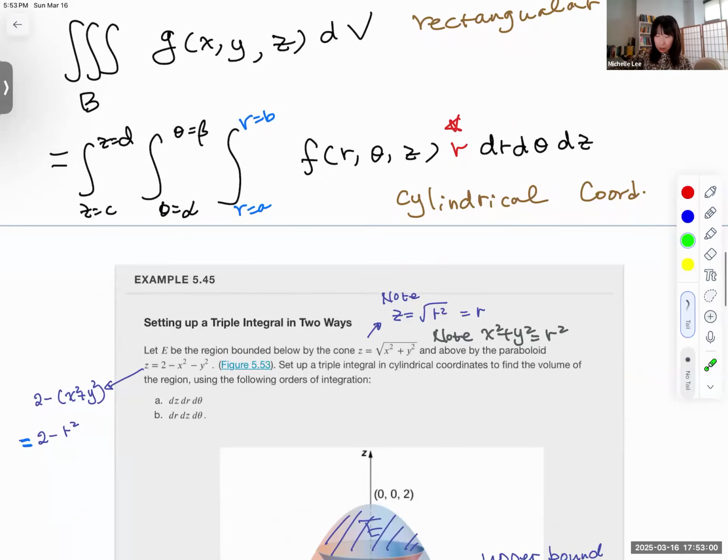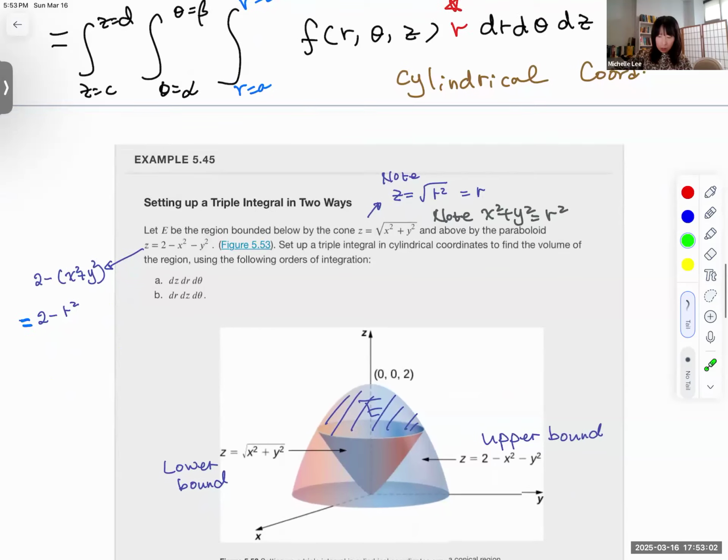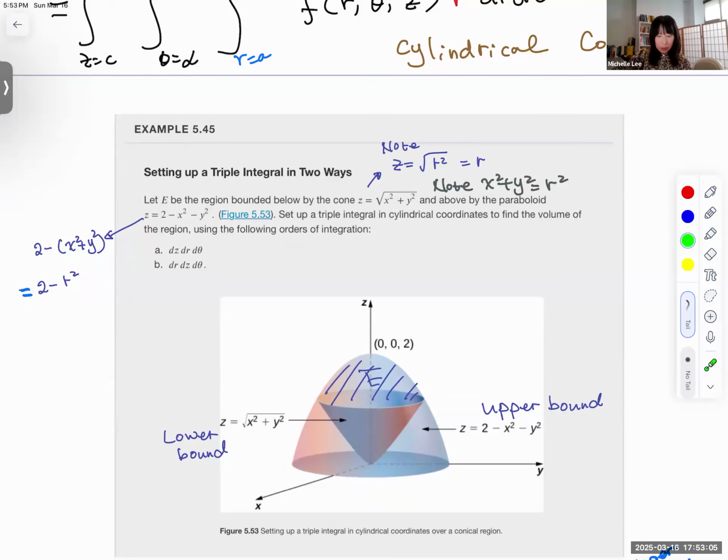All right, let's do an example. We have region E bounded below by the cone, whose equation is z equal to the square root of x squared plus y squared, and above by the paraboloid, whose equation is z equal to 2 minus x squared minus y squared.